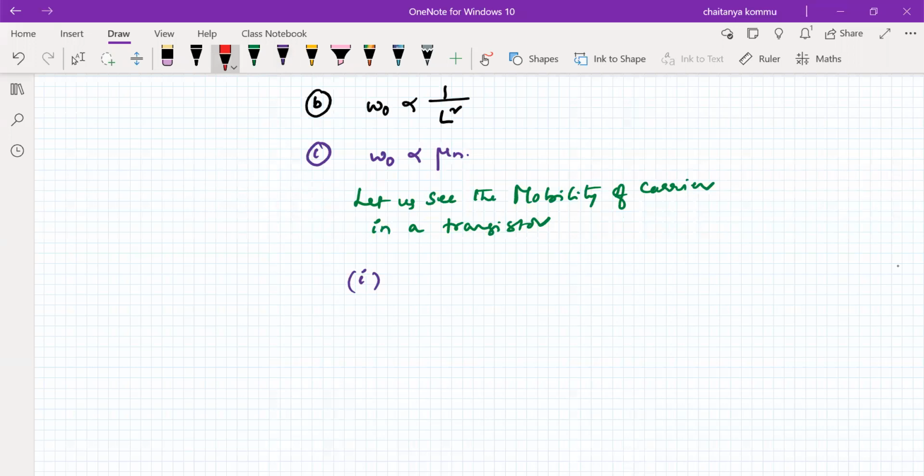So it depends on the orientation of the crystal, the cutting orientation.